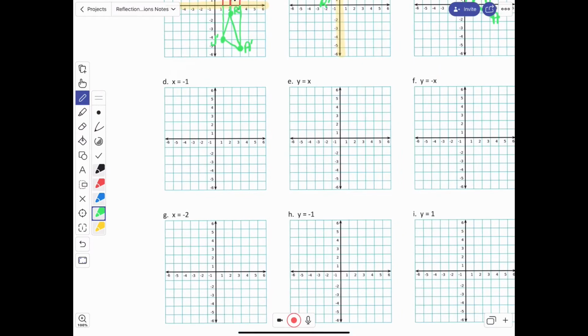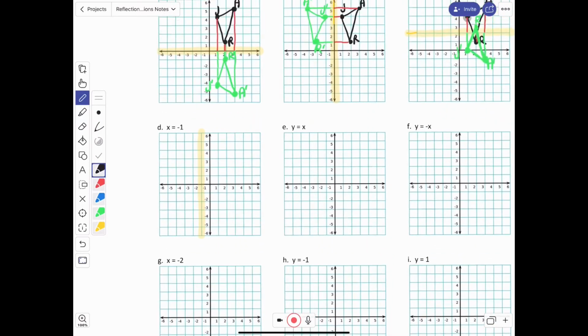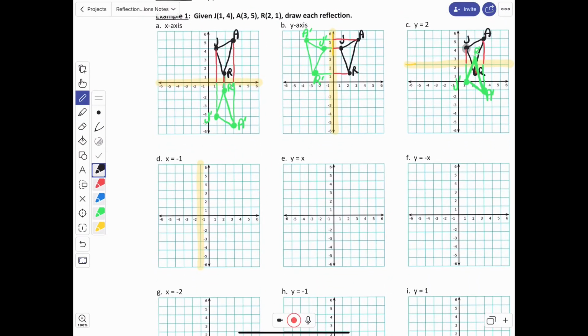All right. If it's x equals -1, here is our line that we're going to reflect across. Don't forget, it always helps to draw your original points. So we have 1, 4, 3, 5, and 2, 1.